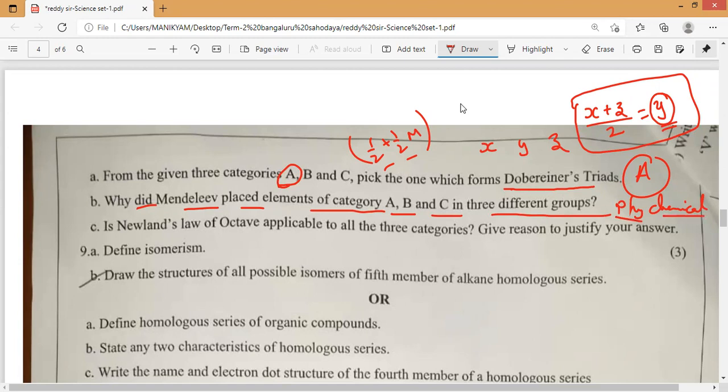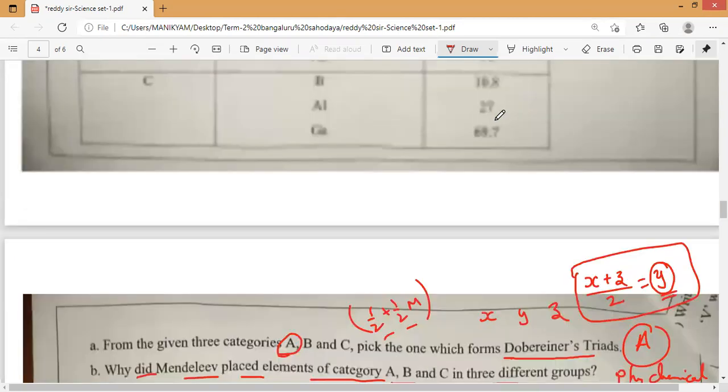In Mendeleev's periodic table, 7 groups will be there. The last group alone, if you notice, will be based upon the formation of oxides and hydroxides. Yes or no? Yes, that is it. He placed them this way because the physical as well as chemical properties of the elements categorized as A, B, C are completely different.